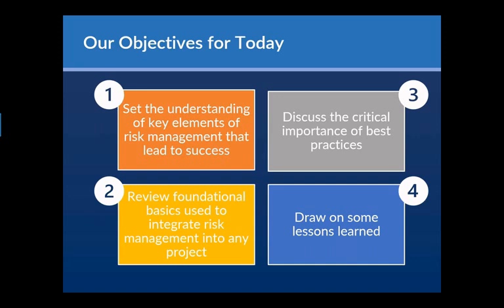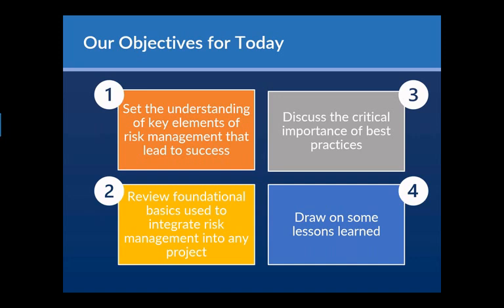The second thing is literally looking at some basic foundation items that you should always have in everything around risk management for your organization or your projects, portfolio, programs, whatever level you're looking at. We're going to talk about some key ones.